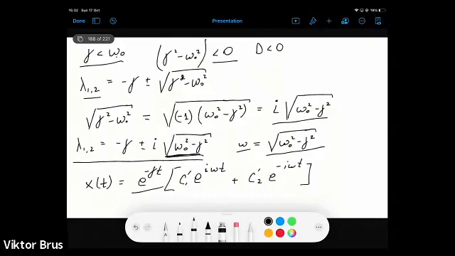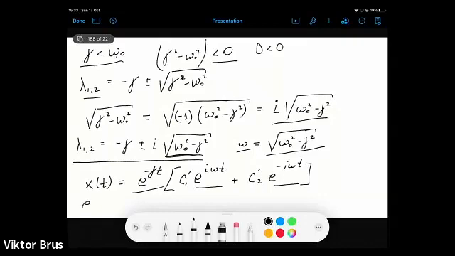And also we need to recall Euler's formula. There is a relationship between a complex number in exponential form, as written here, and in trigonometrical form.